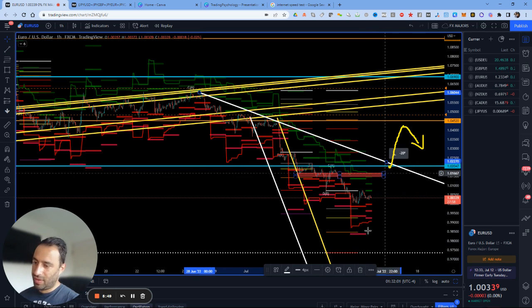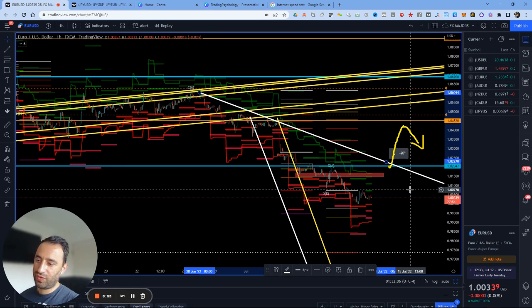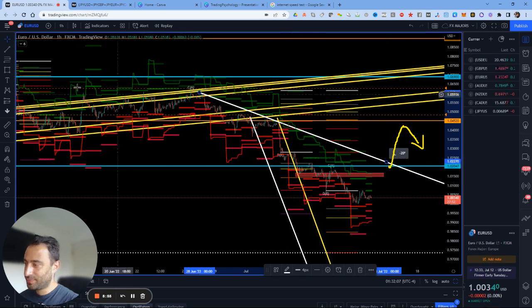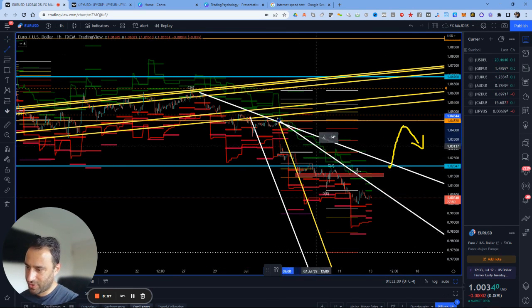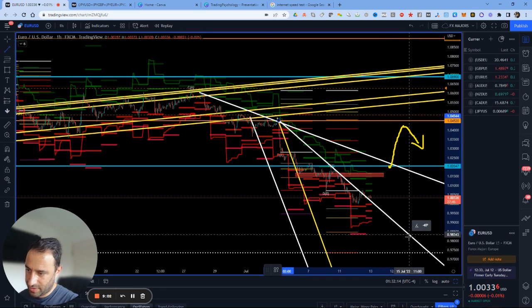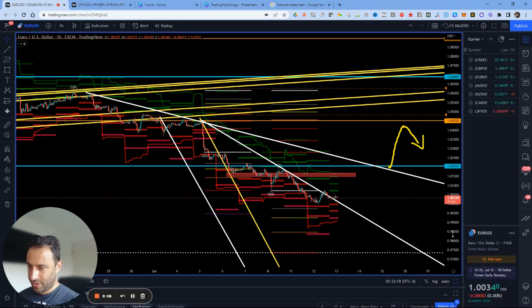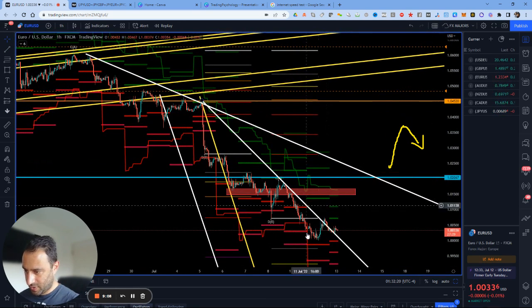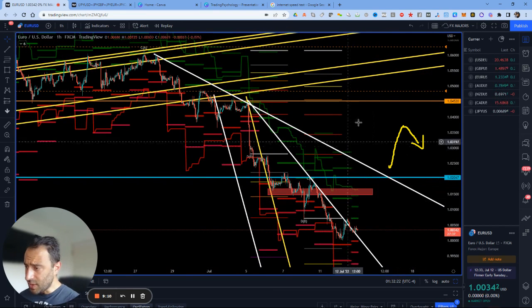So it doesn't look like it's going to get there today, but just as a general rule for you, that's something you could look at doing. And the other trend line, it looks like it's broken already, which is quite interesting.